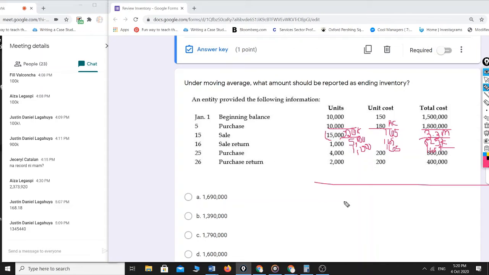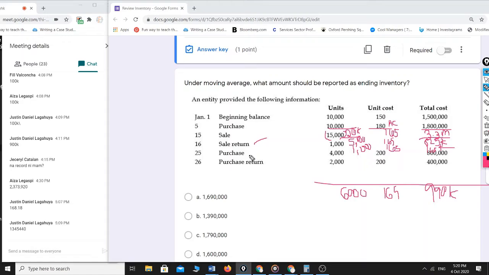So let's put it here: 5,000 plus 1,000, so our units available is 6,000. Our average cost is still 165. And the total cost of these 6,000 is 825 plus 165, which is 990,000. Okay? So we're done with this.